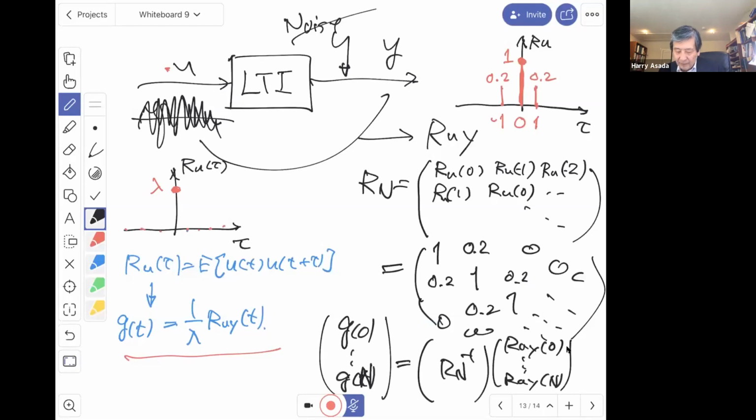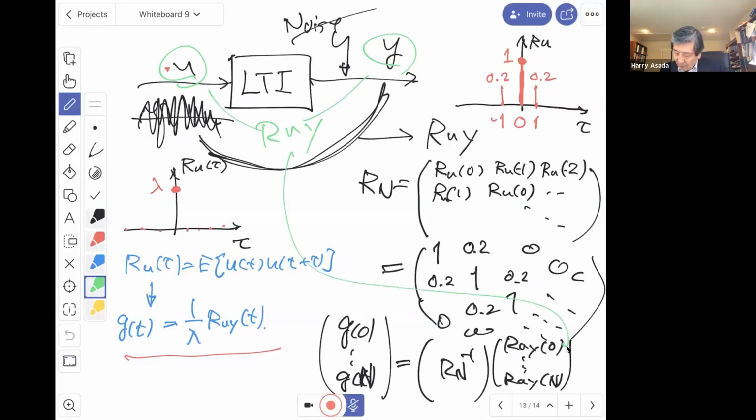You observe this as a correlation between these two, R_uy is to be plugged in here. So this is the process you need. Is that clear? That's what we can do. Anyway, this all comes from the Wiener-Hopf equation. Wiener is a great person, a former MIT professor here. He did so many great things.